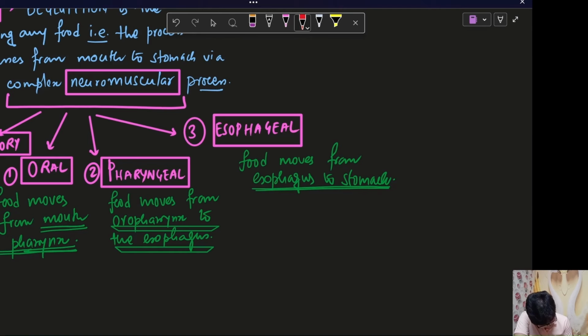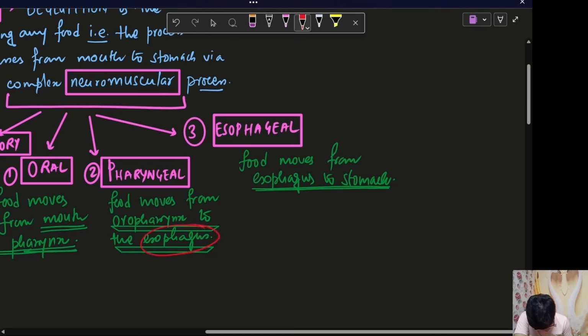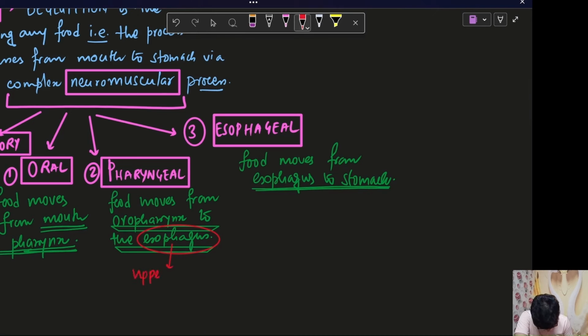Rather, it should be stated as the upper esophageal sphincter. Whereas this also should not be stated like this only.